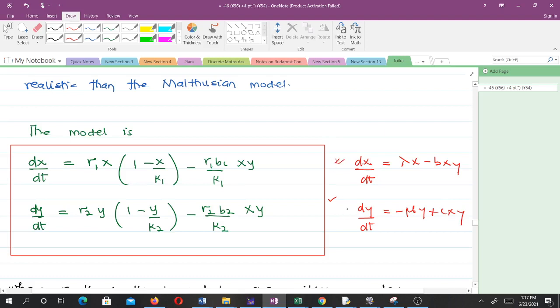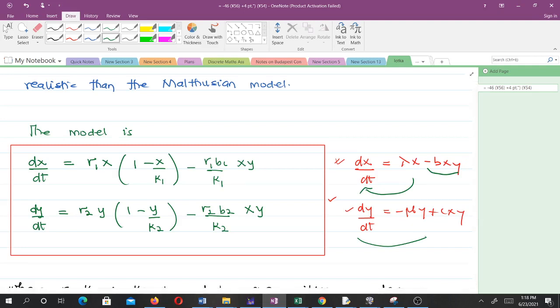In the absence of the predators, this term is out, so this is just the growth of the prey, which is the Malthusian. And this was also for the death of the predators, which was the Malthusian. So we had a negative sign here because in the absence of the prey, the predators are going to die.